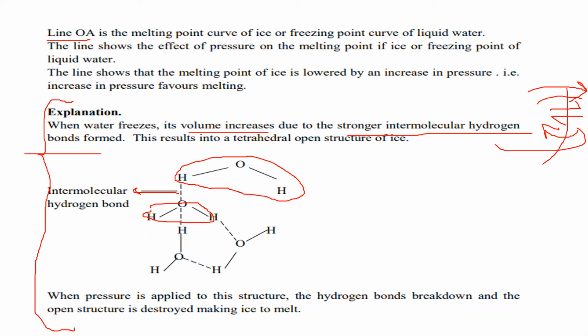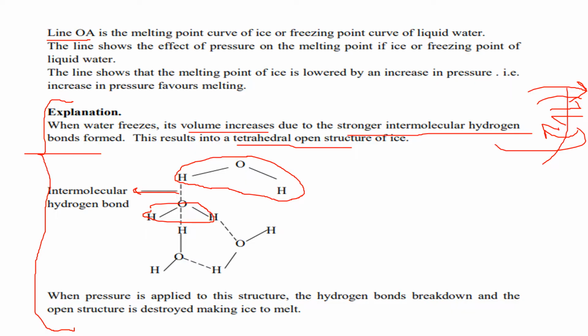That's why we call them intermolecular hydrogen bonds. As a result, these hydrogen bonds become spaced, and they lead to formation of a structure called the open tetrahedral structure.